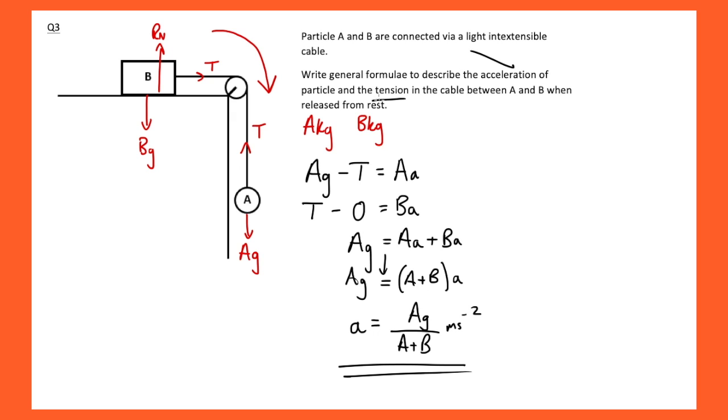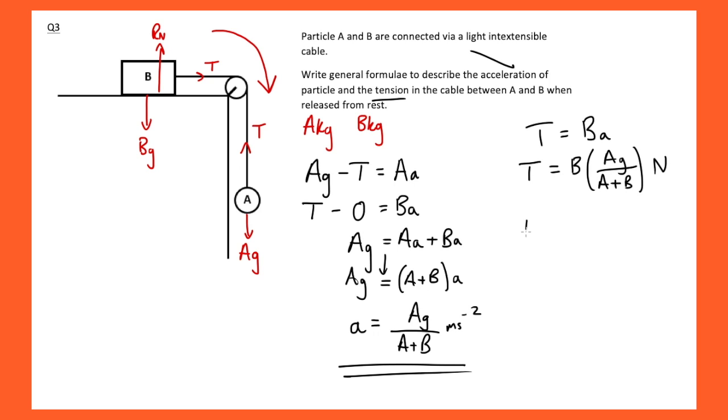So that's the acceleration. To do the tension, I'm going to use this second one. I'm going to use T equals BA, and I'm going to put my acceleration in this place here. So I have B brackets AG over A plus B, and that's newtons.